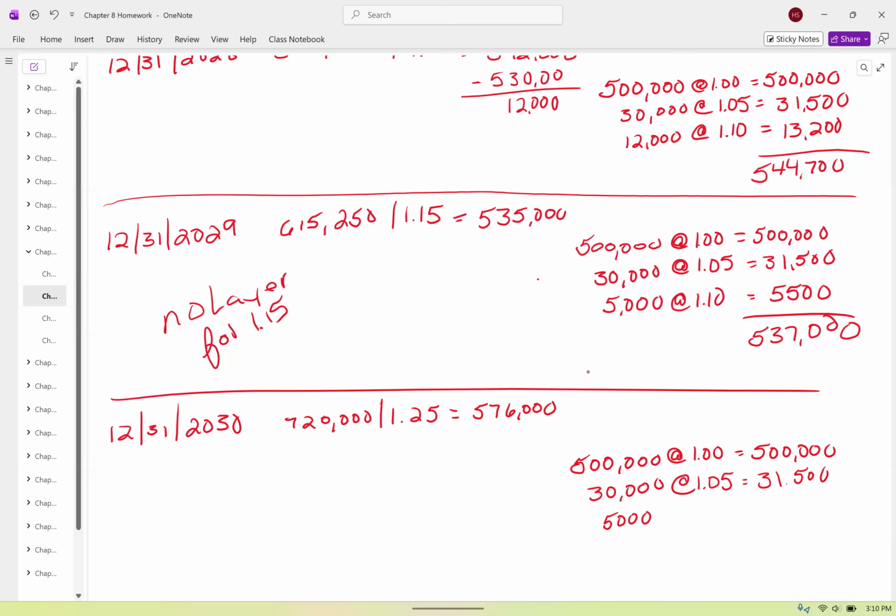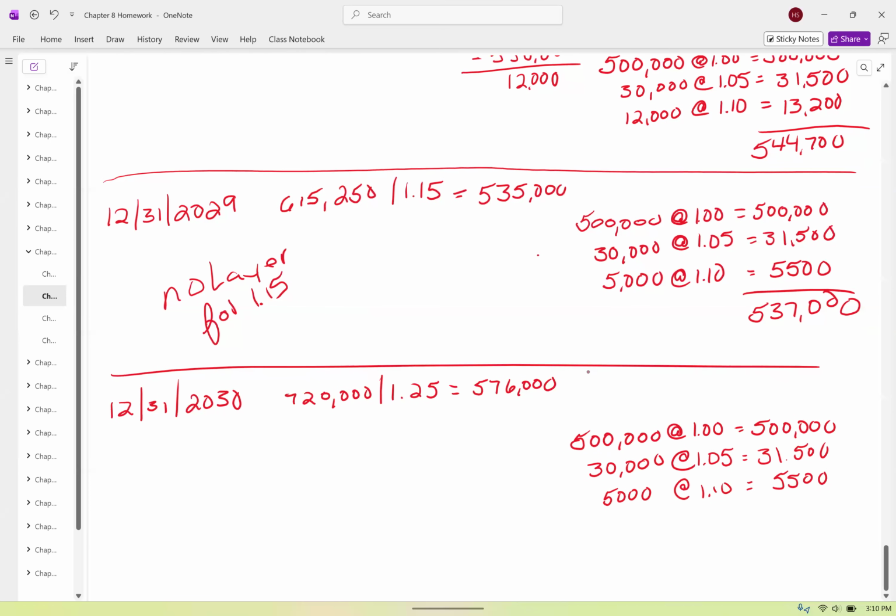Sorry, I should have just copied what was above and pasted it, but it gives you a chance to watch me do it. Right here, we have 535,000. If we take the 576,000 and subtract 535,000, we end up with a new layer of 41,000.